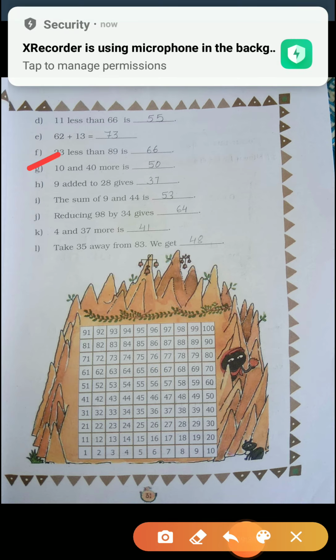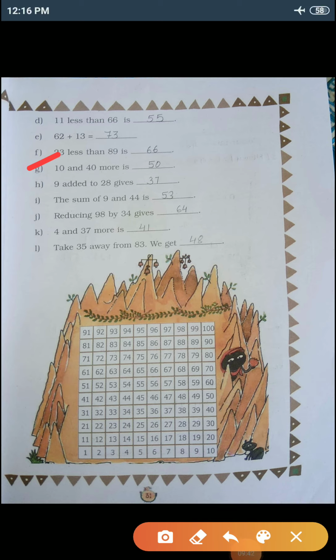Now G. 10 and 40 more is dash. That means we need to add these two numbers because it is written here as more. So we can directly say 40 plus 10 equals 50.